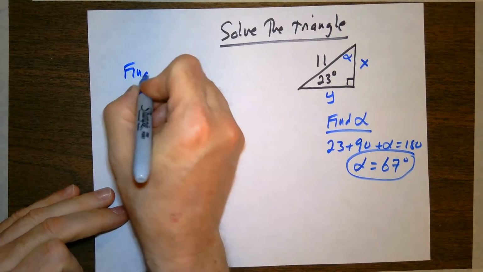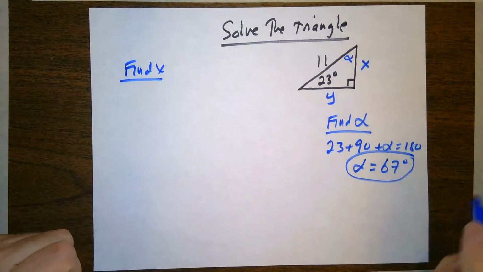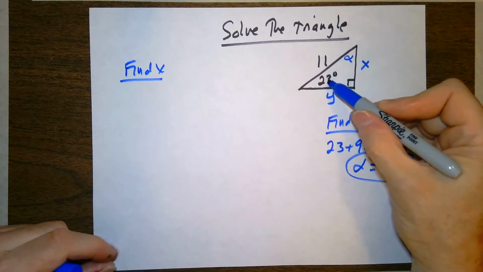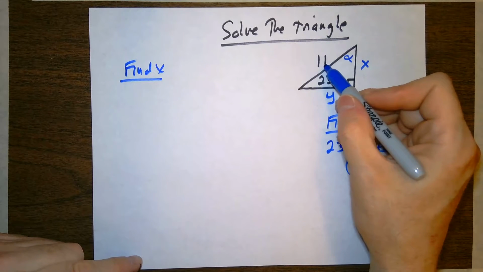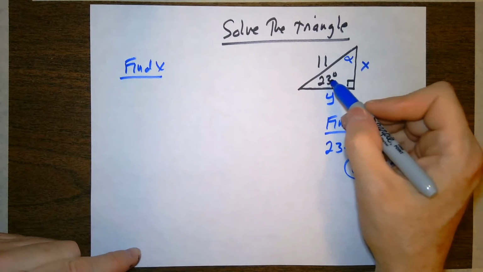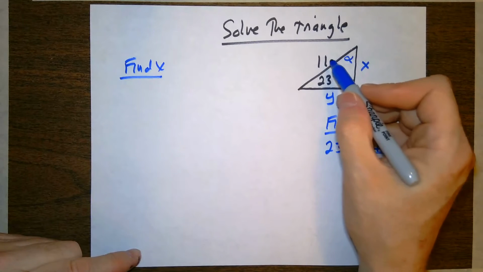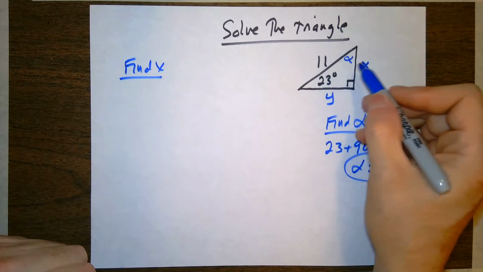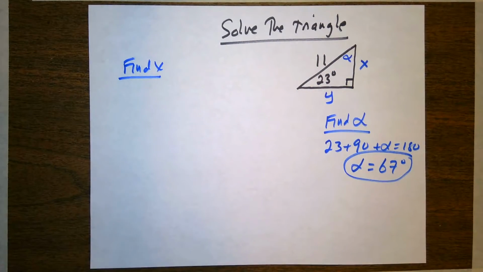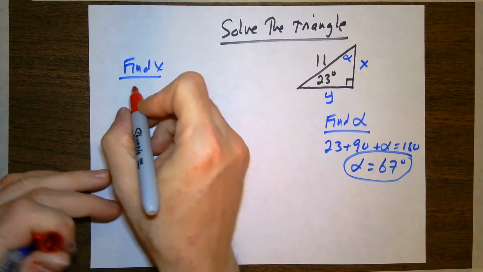So let's find x. Well, my reference angle 23, x would be the opposite side, and I know the hypotenuse of 11. So I've got an angle, opposite, and hypotenuse. What trig identity uses an angle, opposite, and hypotenuse? Sine. This is a sine problem.